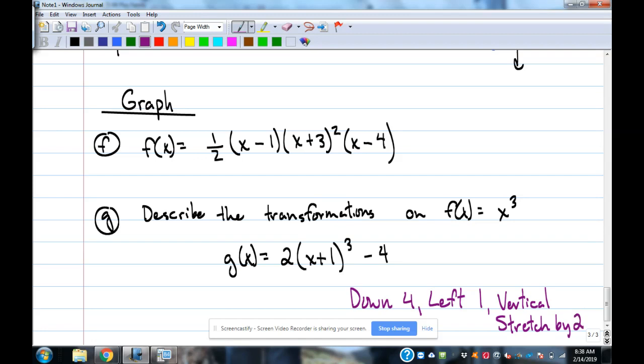Why is it a stretch and not a compression? If this is a bigger number than 1, then it's a stretch. If it's a smaller number, it's a vertical compression. If that 2 were on the inside with the x, what would it do? Horizontal compression. Those rules are always handy.